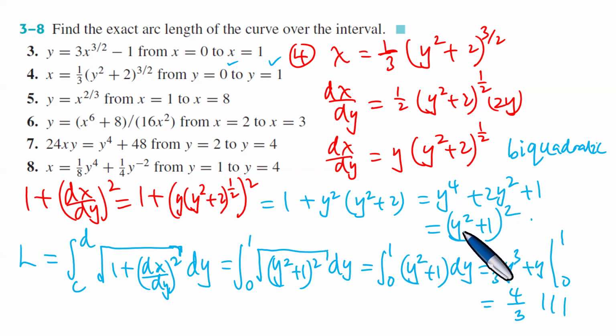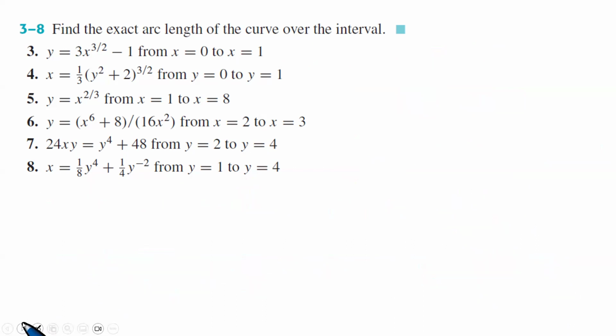Let us do number 5, and then we shall jump to the surfaces, and then we should do the task also. Number 5 is y equals x to the power 2/3. But now this one, we're going to actually try to use formula 4, and then we can use formula 5 as well.